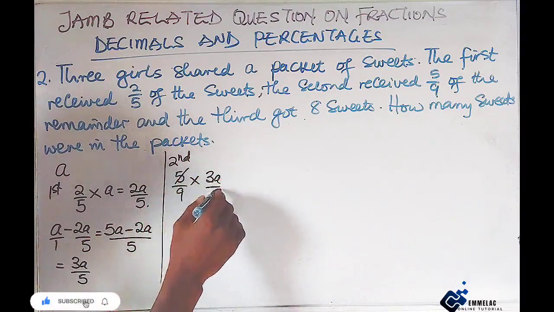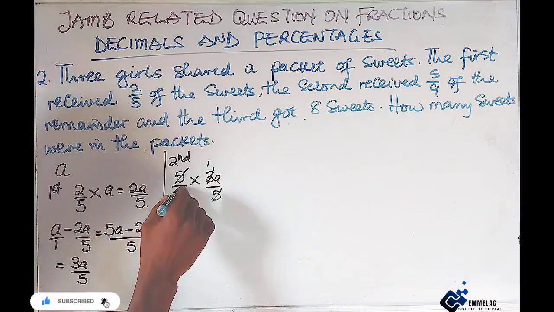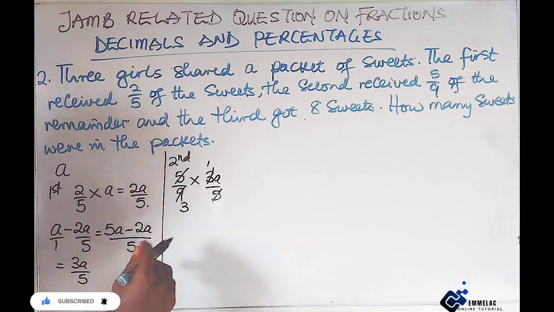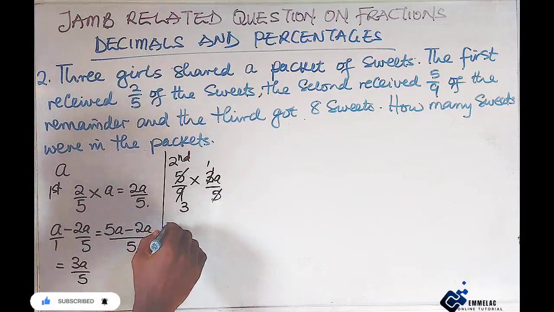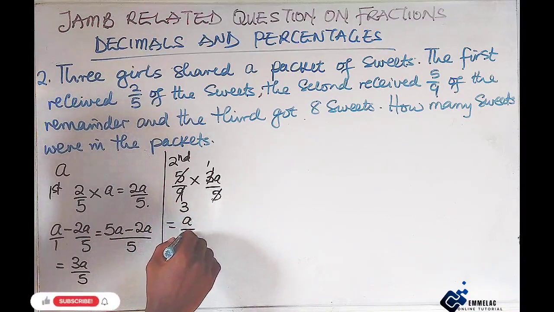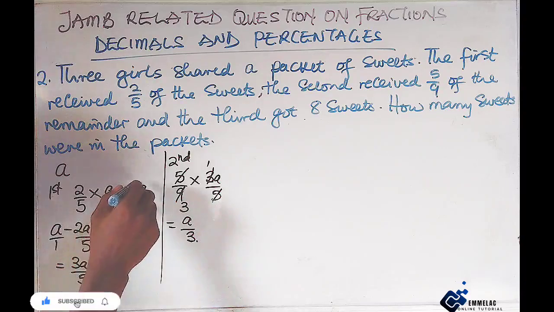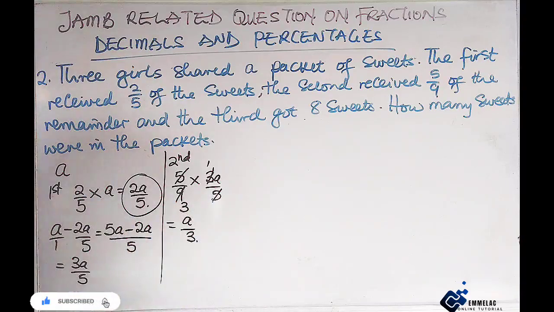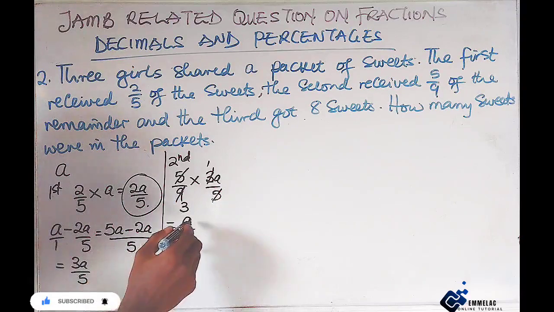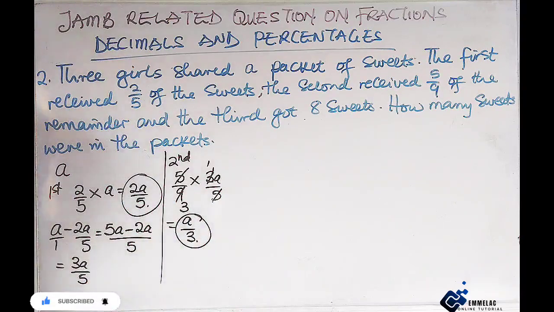We can eliminate the common factor between the numerator and the denominator, so the second will receive A over 3. This is the fraction for the first girl, and this is the fraction for the second girl.